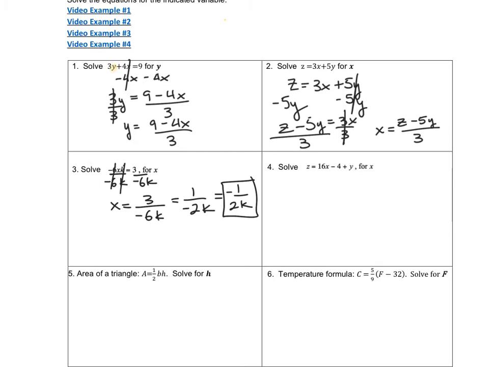All right, number 4, z equals 16x minus 4 plus y, and we're solving for x. So we want to get x by itself. We have a lot of stuff going on here, so I'm going to rewrite this so there's more space.